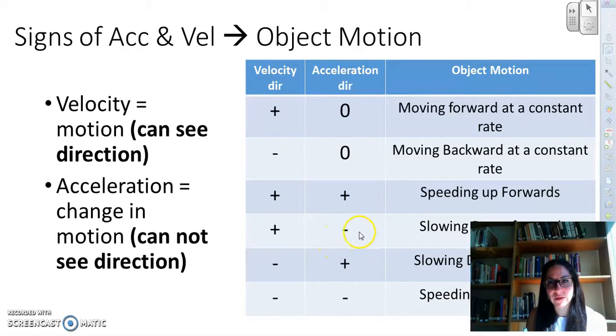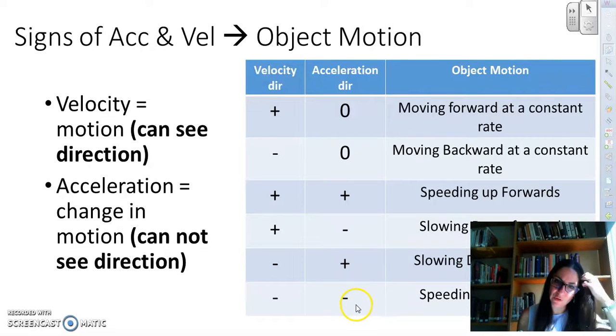If you're moving forward but your acceleration's backwards, you slow down while moving forward, and vice versa. If you're moving backwards but the acceleration's forward, you're slowing down, but your motion comes from this sign, which is backward. And then vice versa. You can be speeding up backwards if your direction is backward and your acceleration is backward, so you could be moving faster backward.